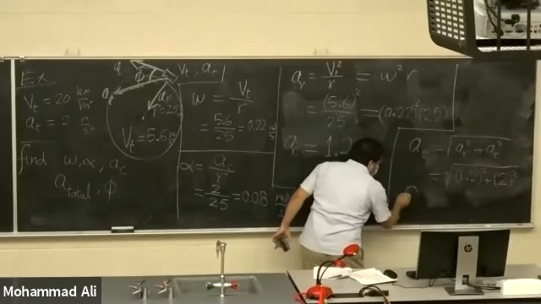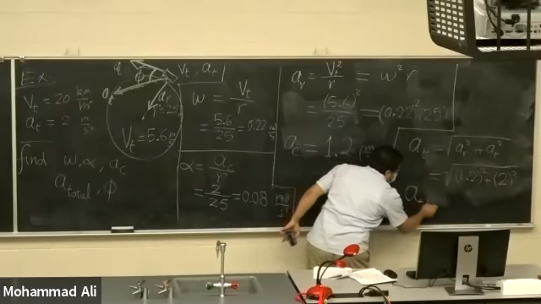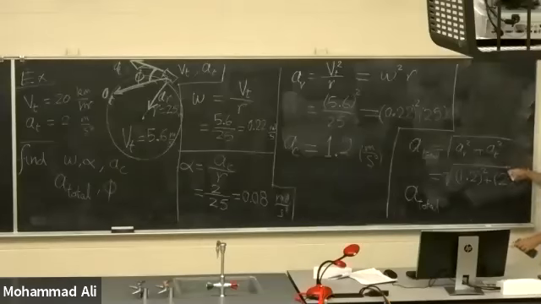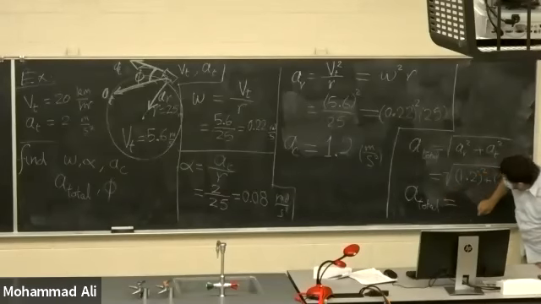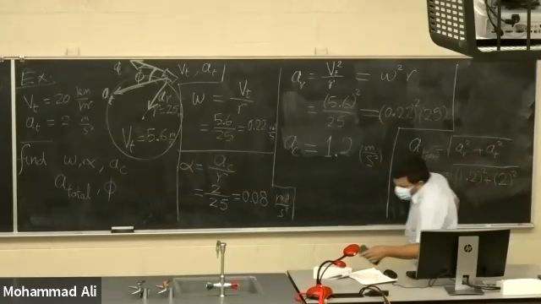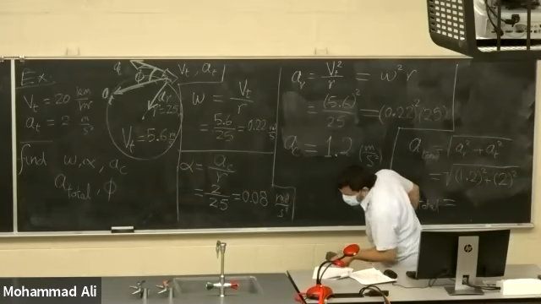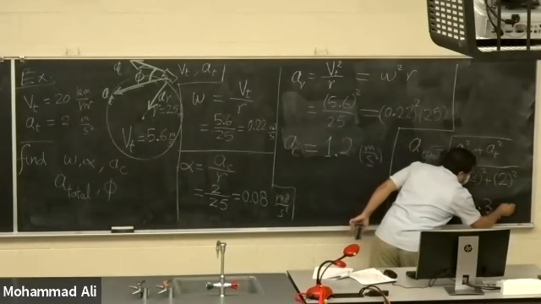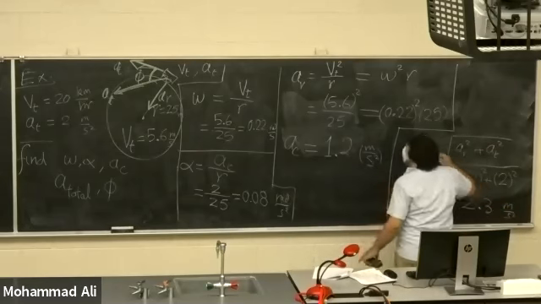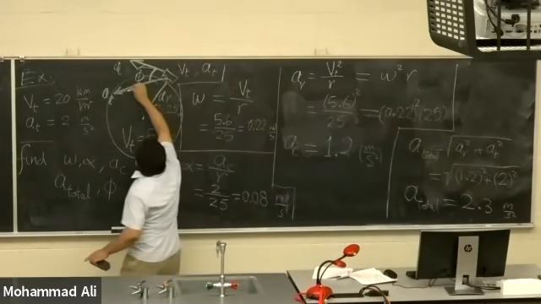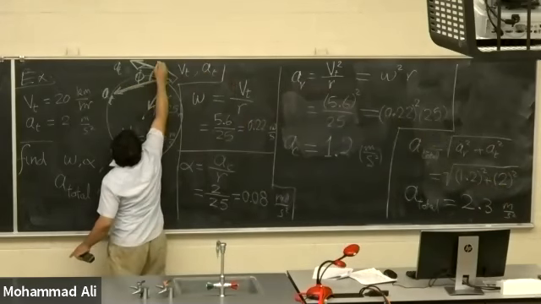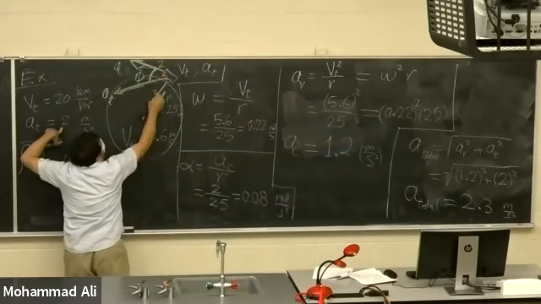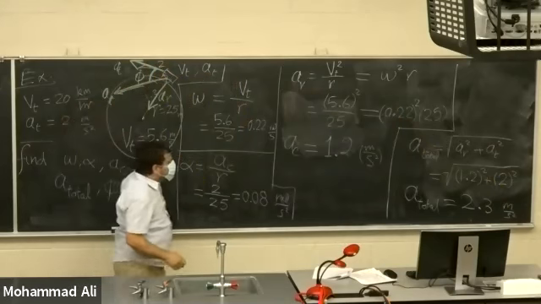So A total is equal to 2.3 meters per squared second. This is 2, and that one is 1.2. This is 2.3.